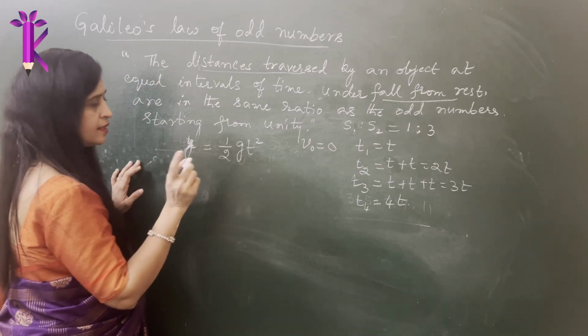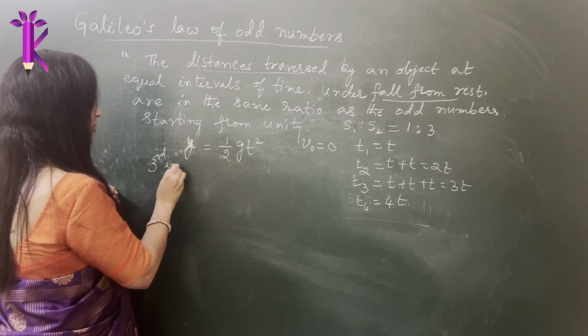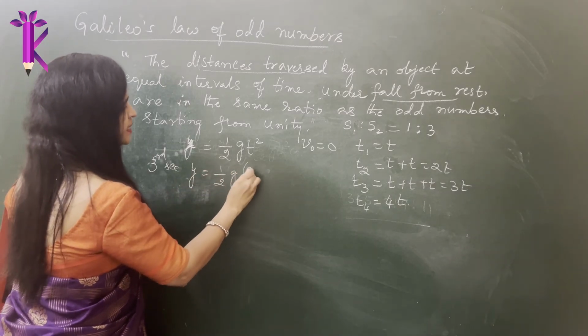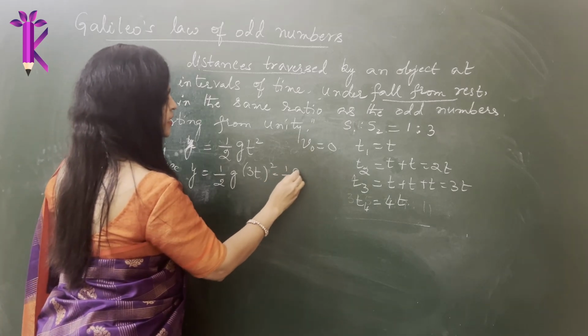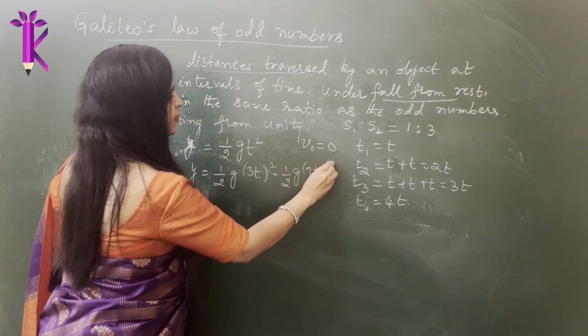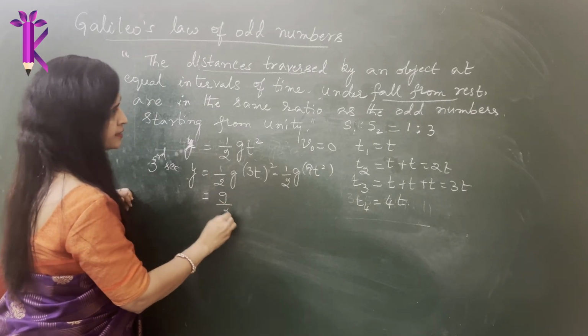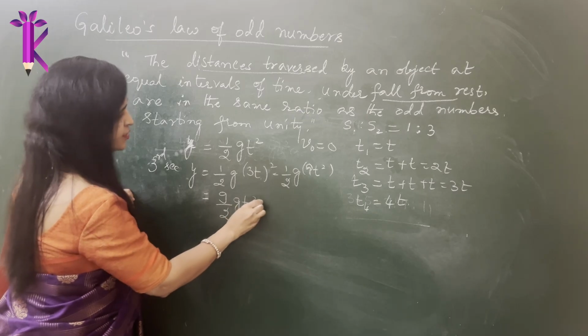Okay, now let's do it for the third second. What will happen during the third second? Y will be equal to half into g into 3t square, which is nothing but half into g into 9t square. So 9 divided by 2 gt square, if I'm right.